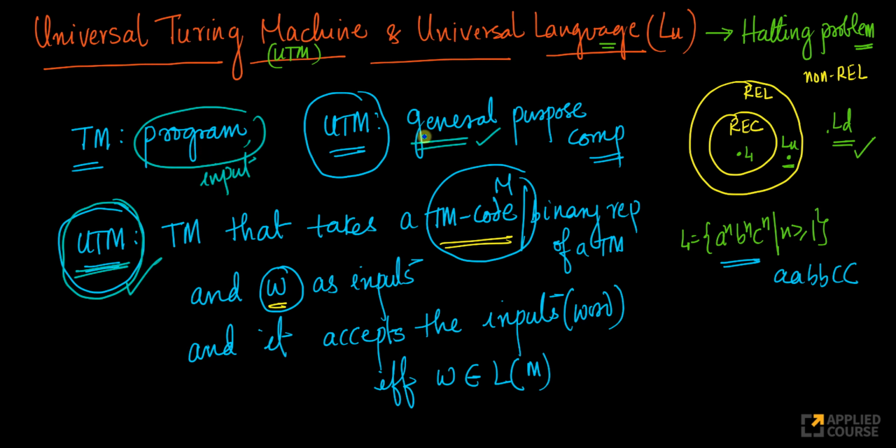So in our case, it's languages. Is this word accepted by this program, right? If so, then my UTM or my general purpose computer also will say, yes, this word is accepted by this program. So UTM in a nutshell is simulating a Turing machine on an input using 3 tapes.